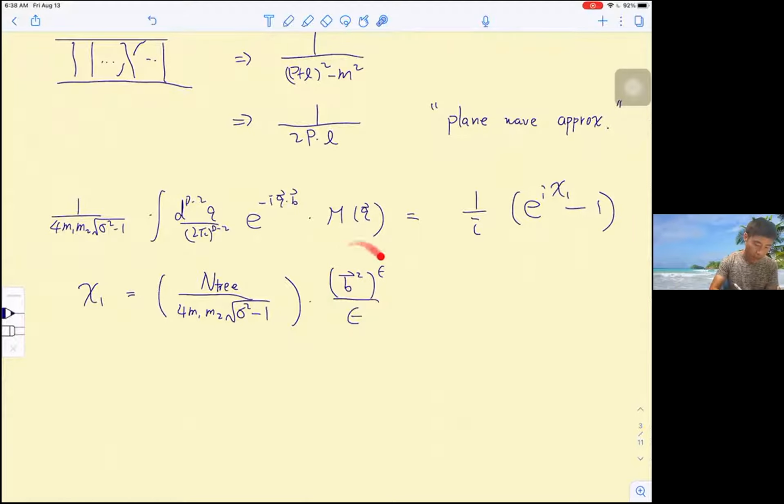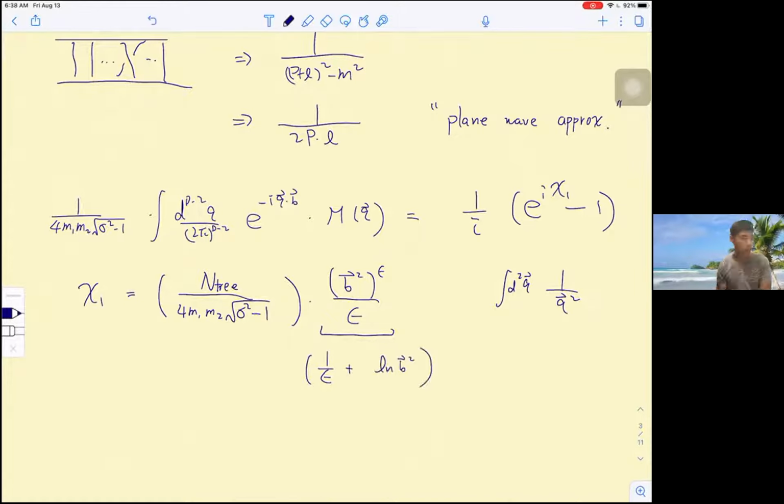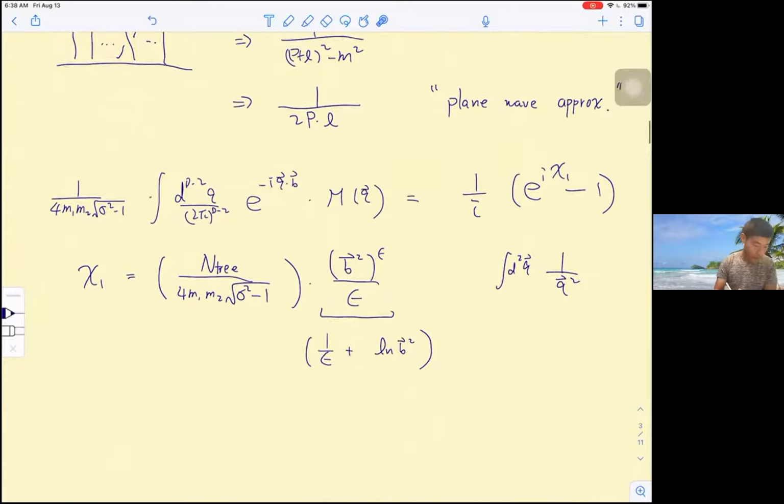And there's an IR divergence here because remember that in momentum space we have 1/q squared, and when you do a 2D Fourier transform, the result is IR divergent. And this one, of course, you can expand into 1/epsilon plus log b squared. We can come back later to the physical meaning of this IR divergence.